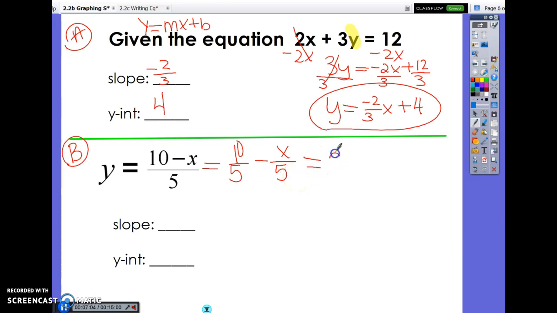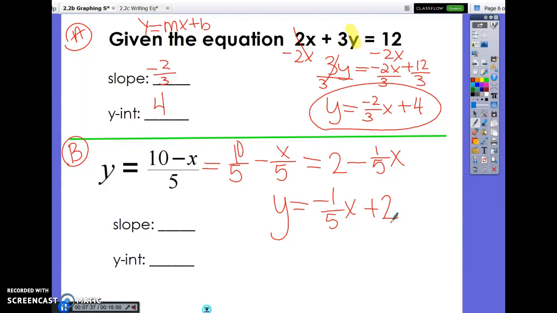Well, 10 divided by 5 is 2. Negative x divided by 5, I can actually rewrite as subtracting 1/5 times x. So I just pulled that x and that divided by 5 apart. To get it completely in that slope-intercept form, I'm just going to switch around my 2 and my negative 1/5 x in order to have y equals negative 1/5 x plus 2.